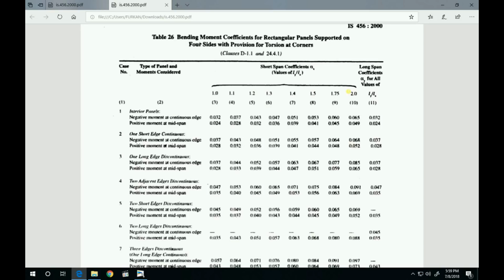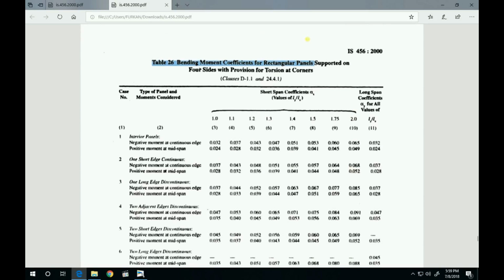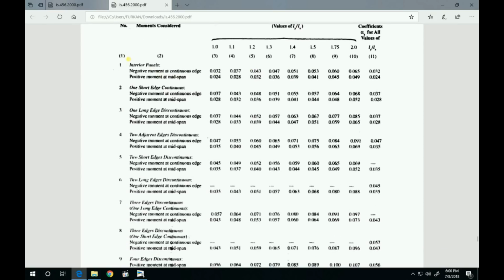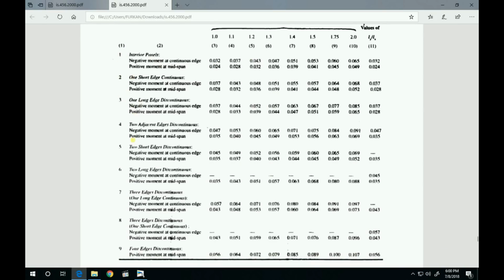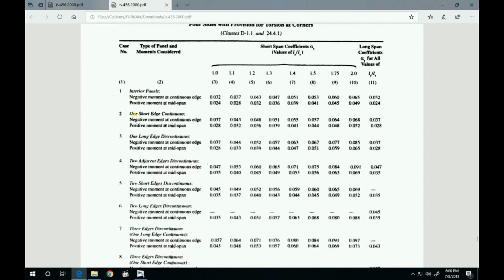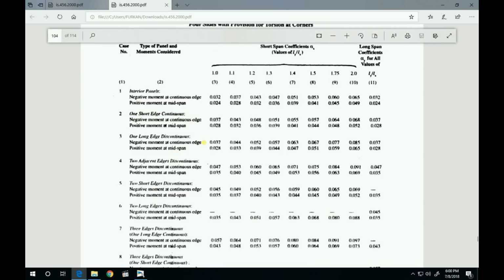So how do we calculate alpha x and alpha y? As you can see in this table, table number 26, certain conditions are given. There are 9 cases: case 1, case 2, case 3 and so on. Now there's a condition written over here: one short edge continuous. That means the shorter edge of the slab is continued over to the next slab.